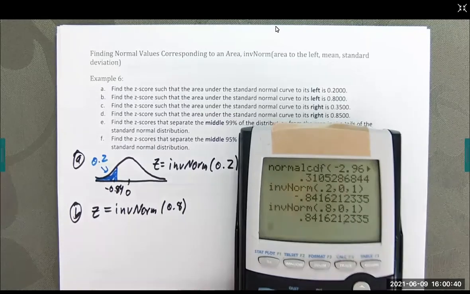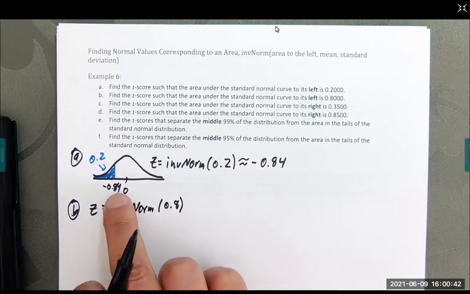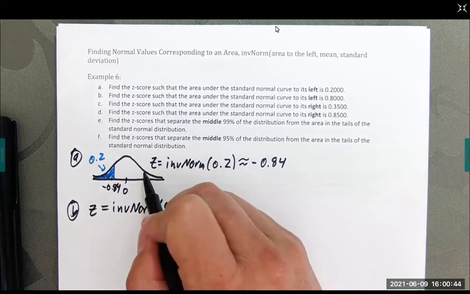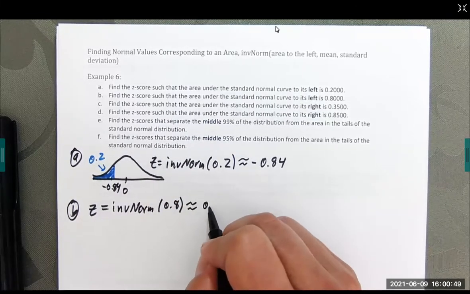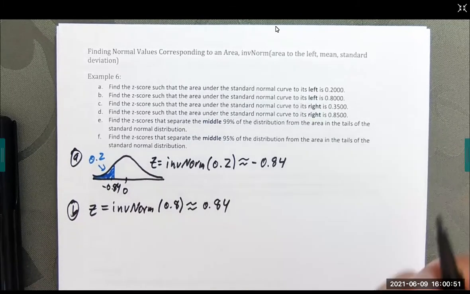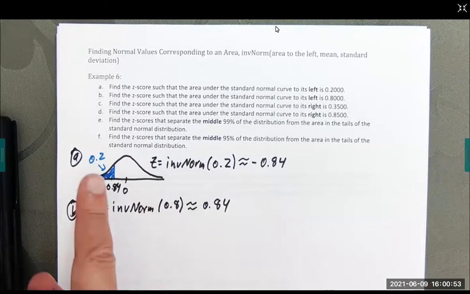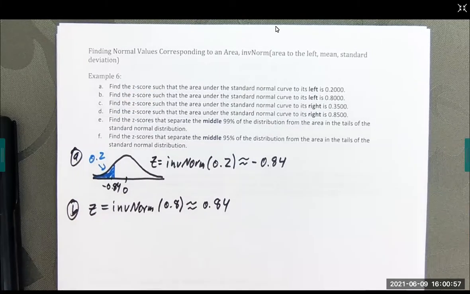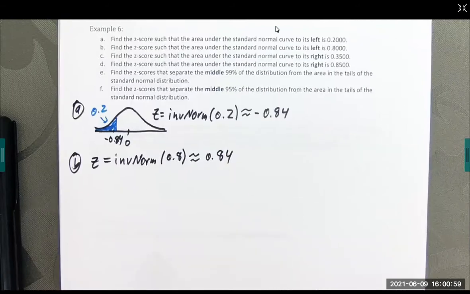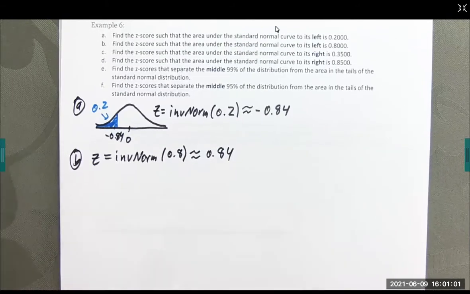And you'll note it's the exact same positive value of this. Right? 0.8 would mean it's over here. We have all that area. Positive 0.84. And you can see there's a connection. 0.2 that way, 0.8 that way. That leaves 0.2 over here. You're going to see a lot of connections like that.